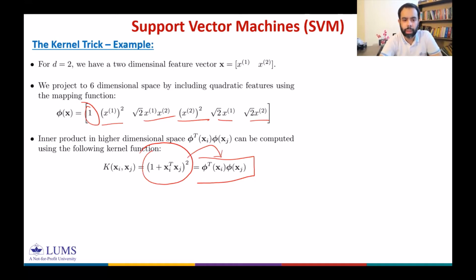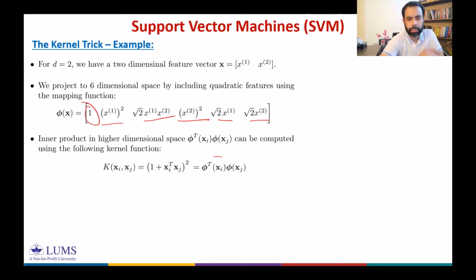Okay, what's happening here? That is important. We're computing the inner product. If you compute using this expression, that will be the inner product in six-dimensional space. But we're computing the same quantity in a two-dimensional space.